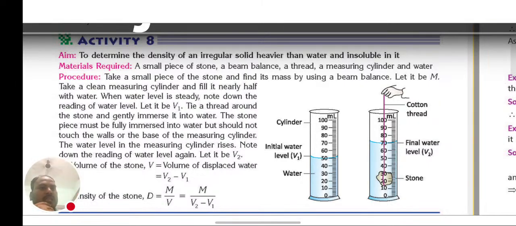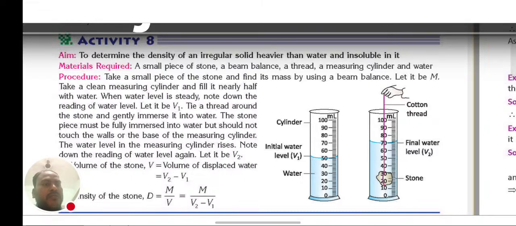The initial water level is 50, which means the initial volume of water is 50 ml. When we immerse the solid, the stone piece with the help of thread, inside the measuring cylinder, the water level gradually increases. This level we consider V2, volume 2, the final volume.